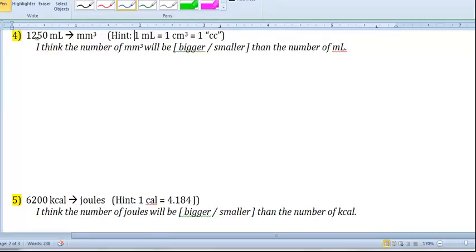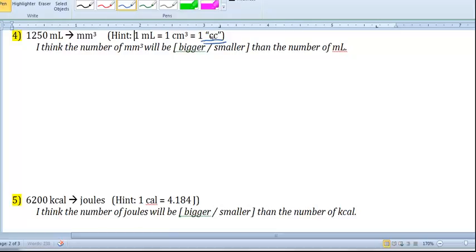Okay, so this problem: 1250 milliliters, and we've got to convert that to cubic millimeters. I think we talked about in class the equivalences between these various units. You've probably heard on TV, or maybe in medical contexts, a cc, a unit of volume.